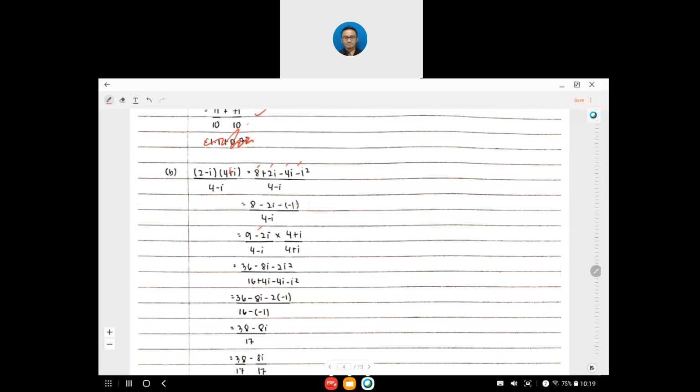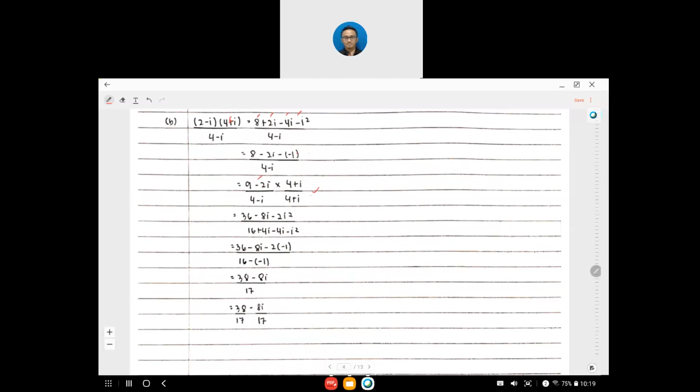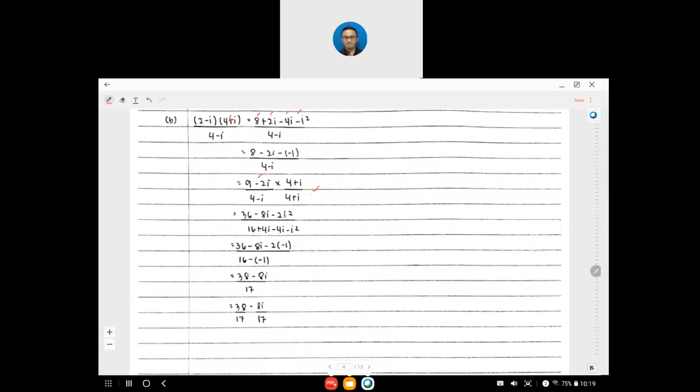And then times by the conjugate for this one, 4 plus i. And then expand, you can get over 17. Okay. And then expand the denominator, you can get 36, this one negative 8i.